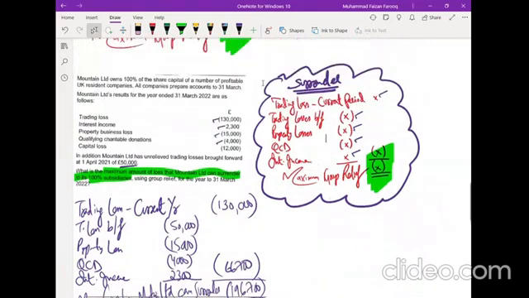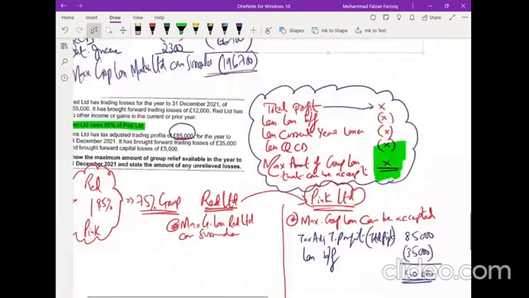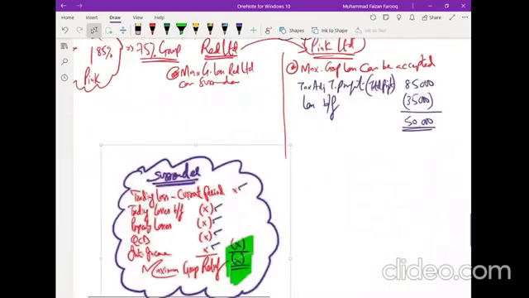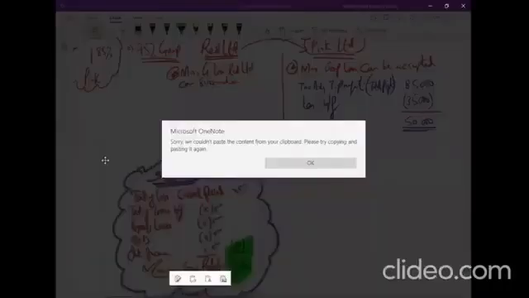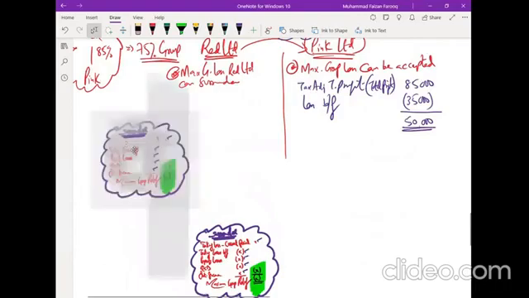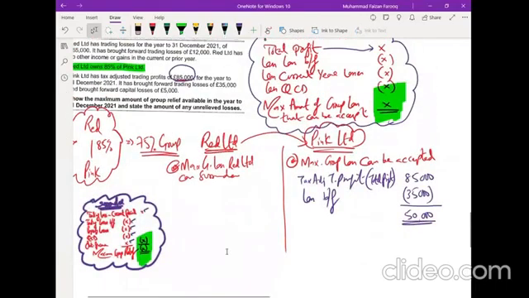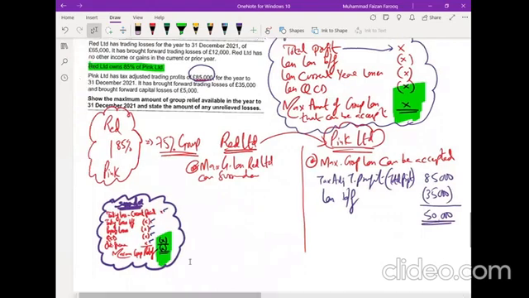If you apply this formula in this question, what will we get? Now the question is in front of you. How much trading loss was incurred in the current period by them? 65,000.